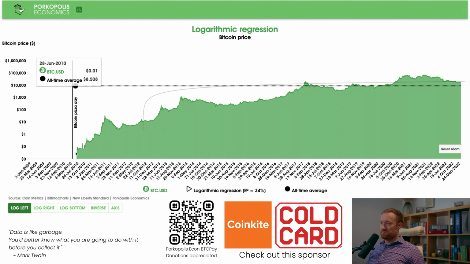Run the tooltip over, and you can see 50 cents here, then $1 here, and then the first Mt. Gox hack here in June 2011 hit basically $30 and then trended down. You can see a lot more of the action.